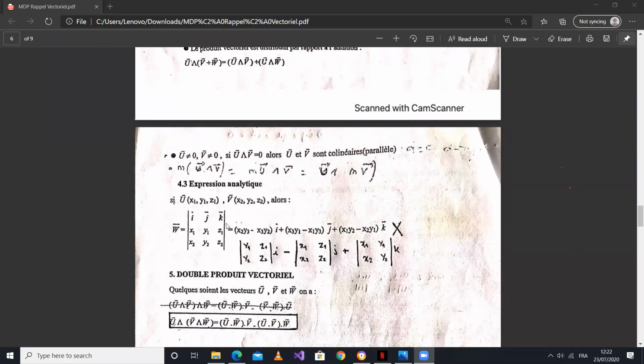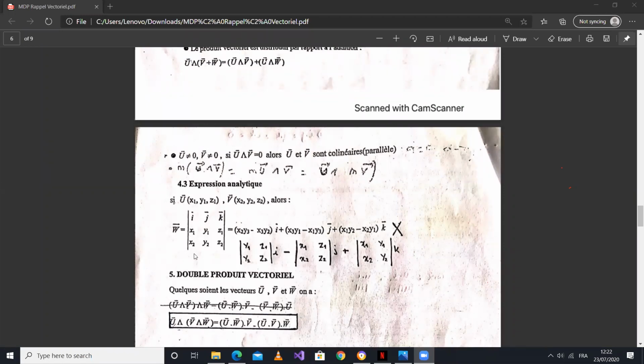As I said, the order matters here. If you swap the order, the answer is going to change. So here we have E vectorial V. To get the first vector, which is U, we write x1, y1, z1, the coefficients, the coordinates, there. Then we get the second vector, and we write it in the third and last row: x2, y2, z2.